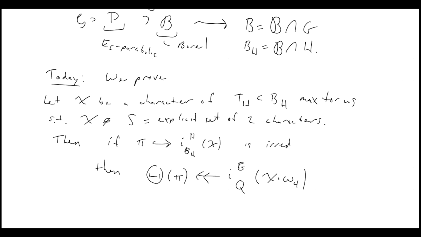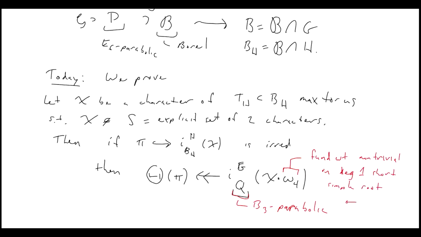So this Q is the B3 parabolic for F4. This omega 4 is the fourth fundamental weight, or maybe I'll say the fundamental weight non-trivial on the degree 1 short root. The F4 Dynkin diagram.